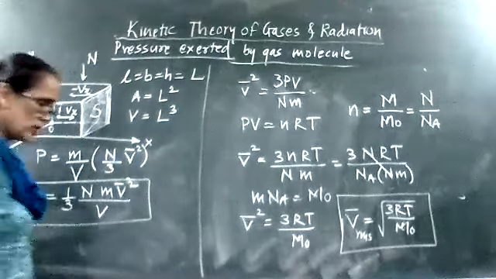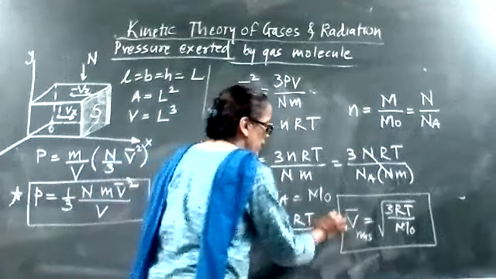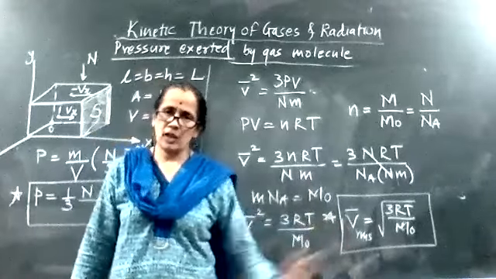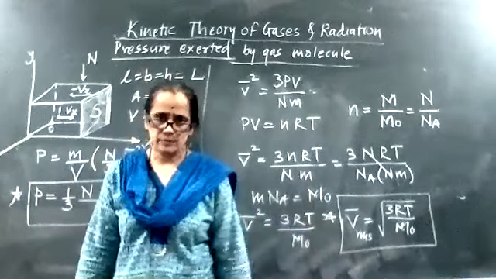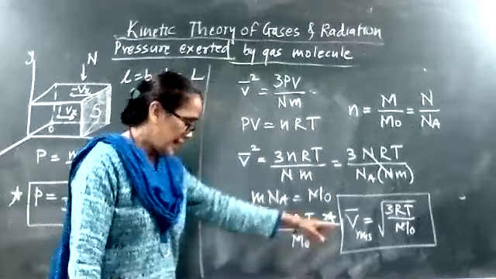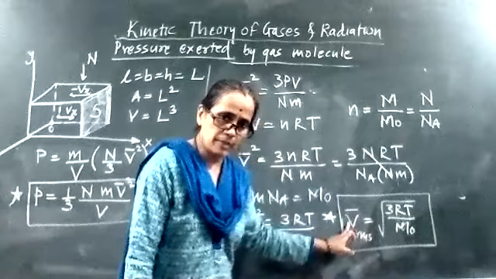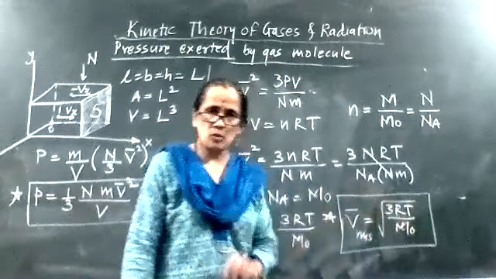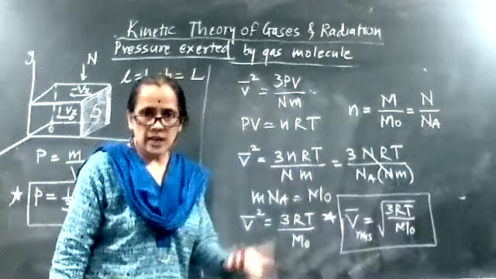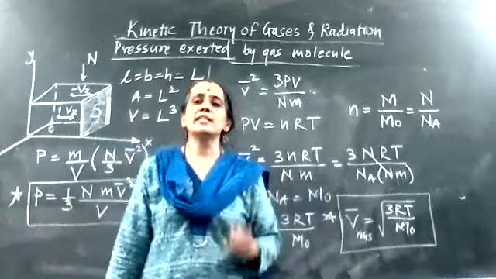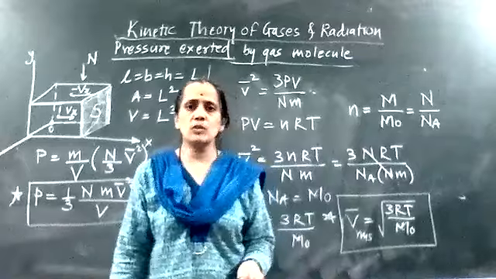One is for the pressure exerted by the gas molecules, and another is for the root mean square velocity of the gas molecules. Getting? In that, RMS velocity is directly proportional to the root of T, because R is the gas constant and M0 is the molar mass of the gas, which is also constant.